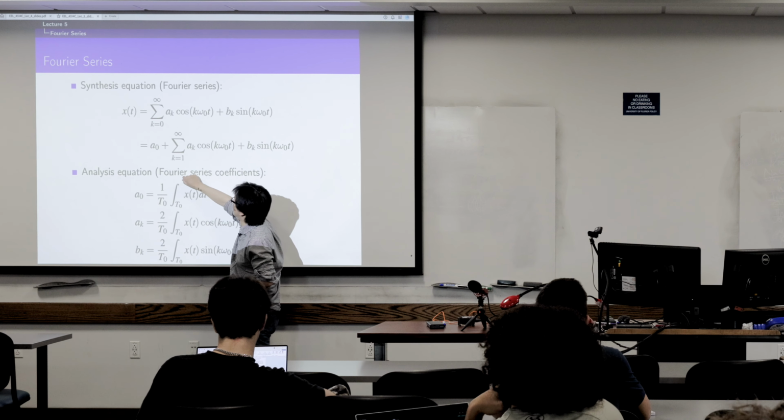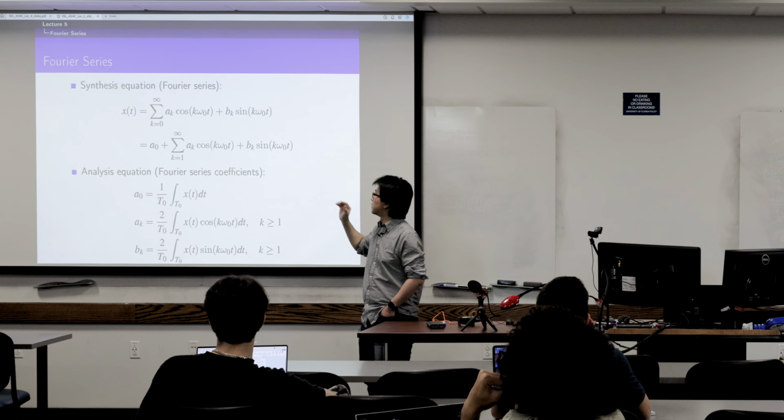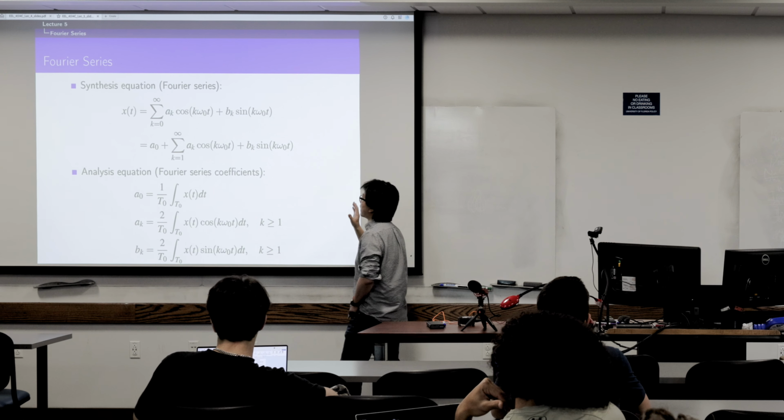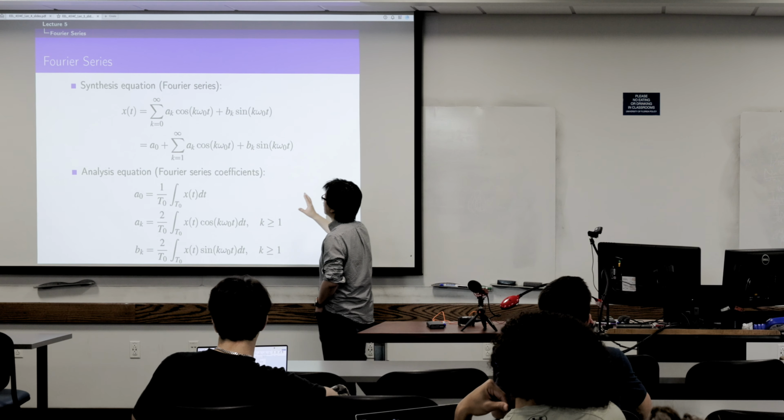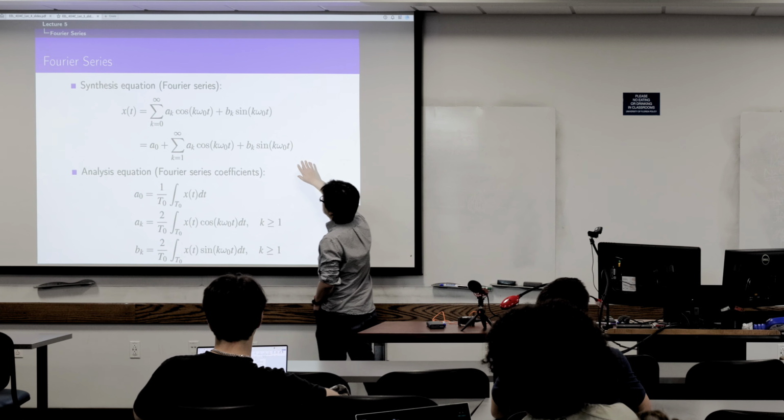It basically means that x of t only has multiples of the fundamental frequency component. So x of t has many frequency components: something at omega naught, at 2 times omega naught, at 3 times omega naught, and so on. This is called the synthesis equation.